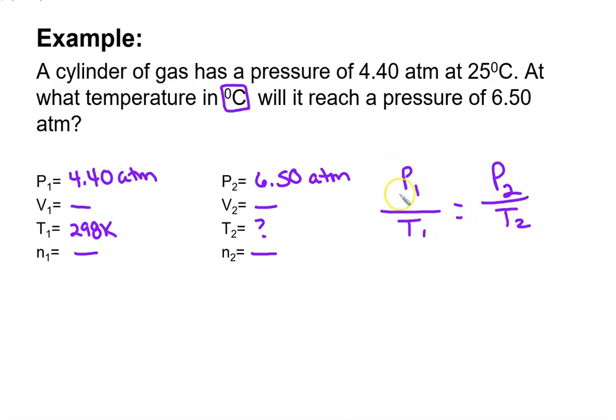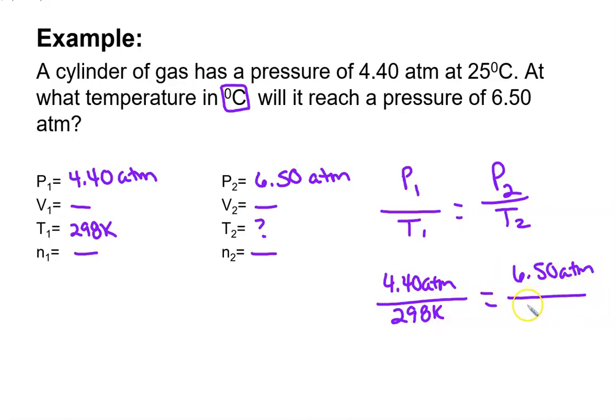So I'm going to cross multiply so I don't have trouble with this. So 4.40 atm, and my temperature is 298. And I'm changing that pressure, and I'm looking for my temperature here. So my X is on bottom.